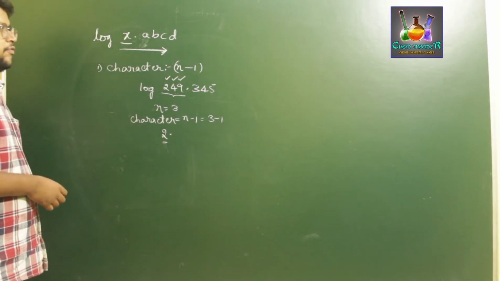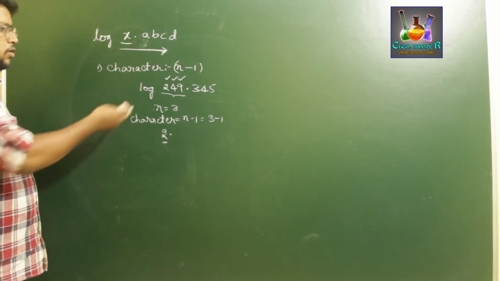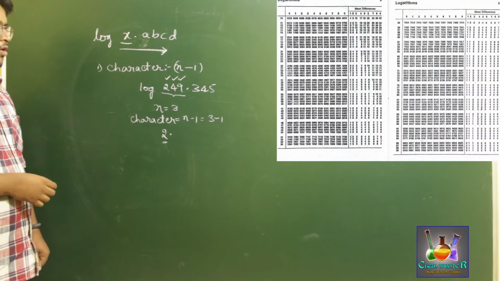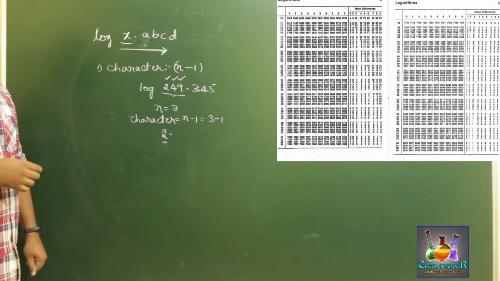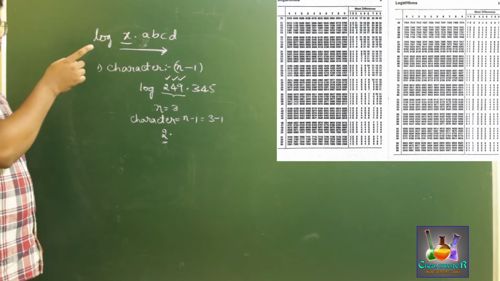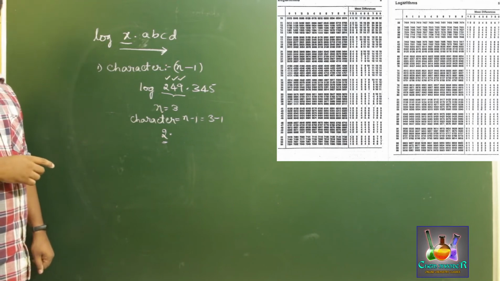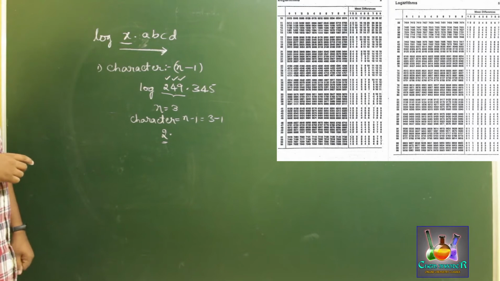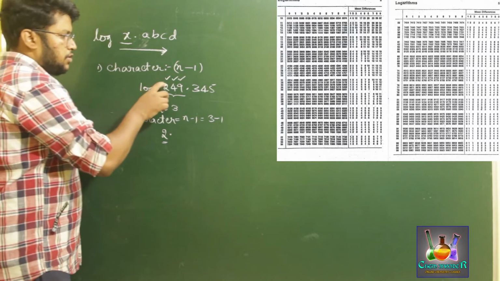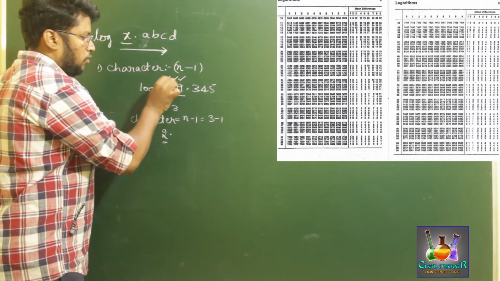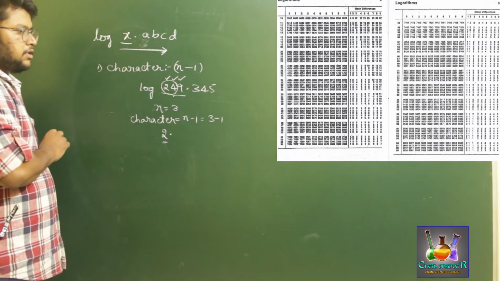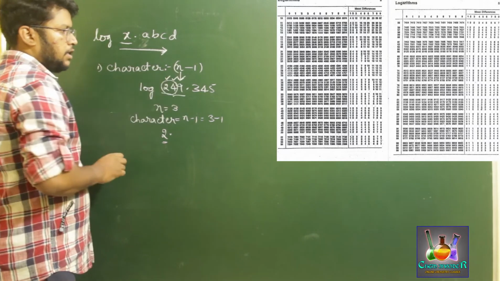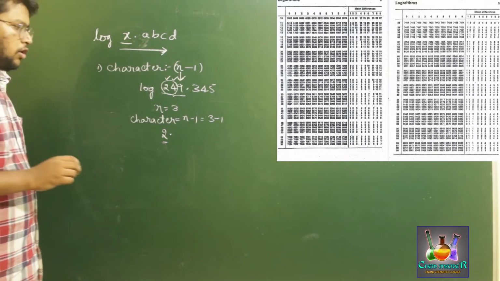Next, in order to find the mantissa of the given logarithmic function, we need to know how to use a logarithmic table. On the right-hand side of your screen, I have posted a logarithmic table. In the logarithmic table we have 3 columns.